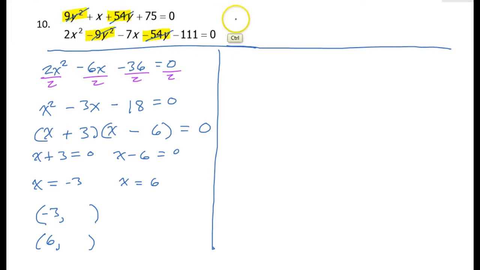Okay, I think I will change colors for this. So let x equal -3. That just means I'm substituting in -3 and I'm going to see what happens. So now I have 9y squared plus -3. That's the x right there.